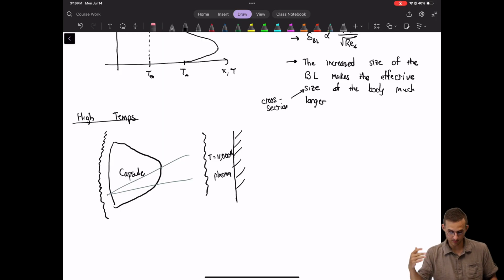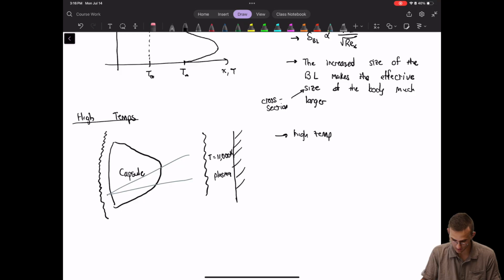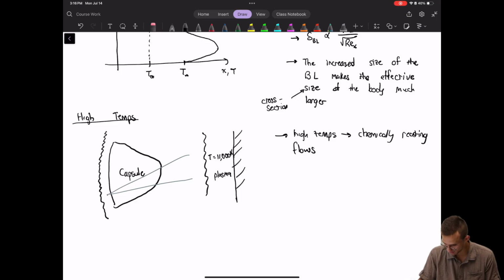And that is going to produce a plasma, and plasma has a bunch of downsides, especially when you're trying to communicate. High temps not only can lead to plasma, but they can also lead to chemically reacting flows, which brings in a whole host of more complications, or even ionization, and that's the plasma case.